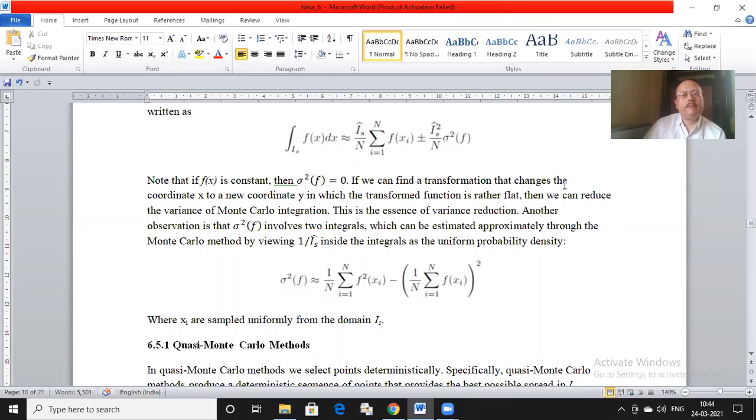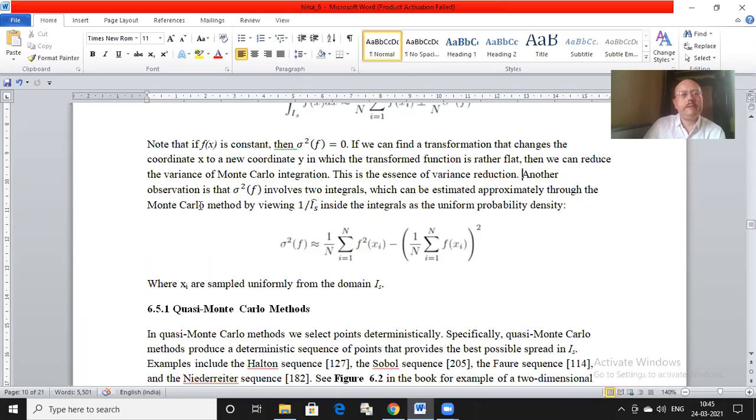So if we can find a transformation that changes the coordinate x to a new coordinate y, in which the transformed function is rather flat, or at least relatively flatter, then we can reduce the variance of Monte Carlo integration. This is the essence of the variance reduction technique. The variance reduction technique that we will discuss will work through a change in the coordinate system to achieve a relatively more flat function that we are integrating.